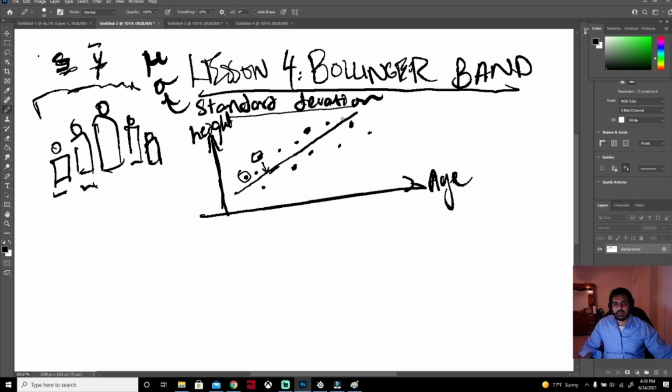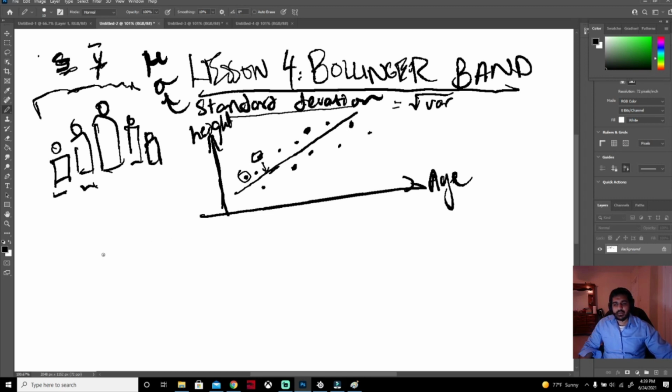That is the meaning of standard deviation. Standard deviation is the square root of the variance. Variance means how far it can move from the distance of the average.